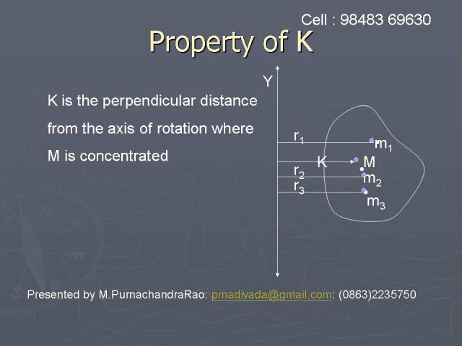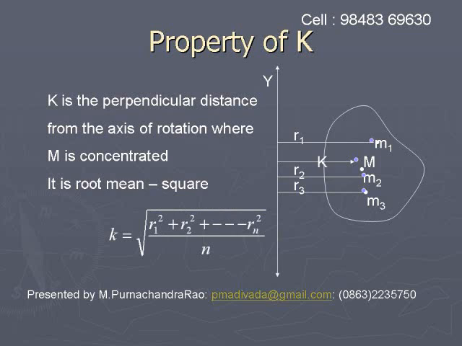It is the perpendicular distance from the axis of rotation where the entire mass of the body is supposed to be concentrated. We treat the entire mass of the body as though it is concentrated at this point, and this perpendicular distance from the axis of rotation is taken as the radius of gyration. It is equal to the root mean square of the distances of the particles of the body.